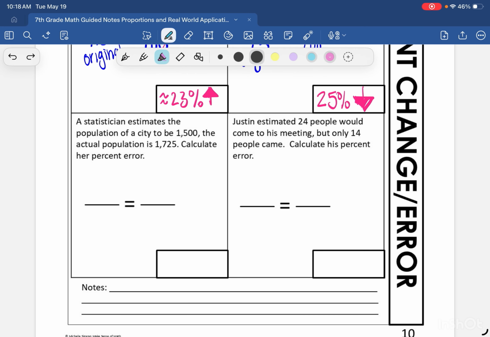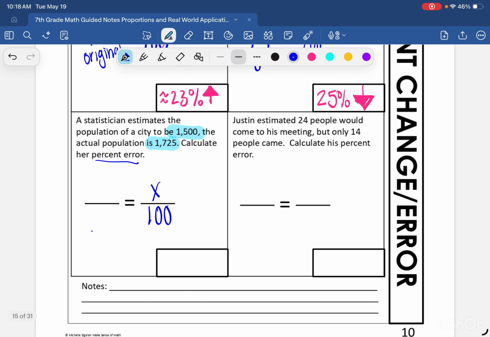The statistician estimates the population of a city to be 1,500. The actual population is 1,725. Calculate the percent error. All right, so again, my percent, I'm trying to figure it out. My percent error is going to be my actual amount here on the bottom, and the numerator is going to be how much the error was. So going from 1,500 to 1,725, I can subtract: 1,725 minus 1,500 gives me 225.